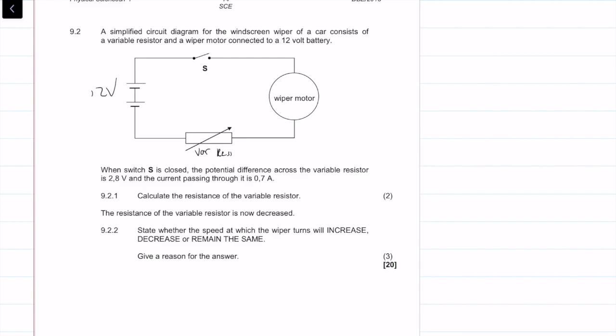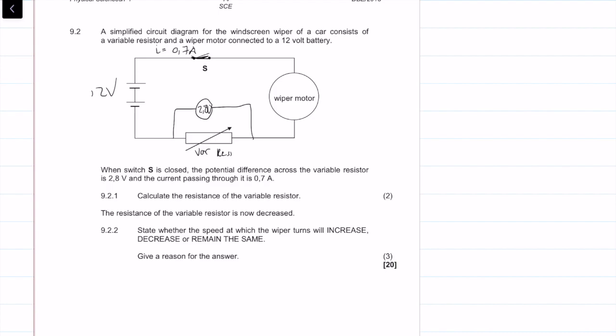When the switch is closed, the potential difference across the variable resistor is 2,8 volts, and the current I passing through it is equal to 0,7 amps.